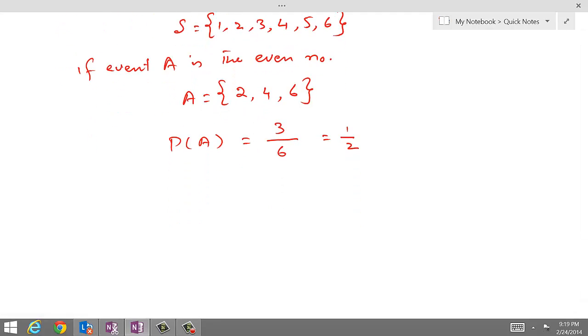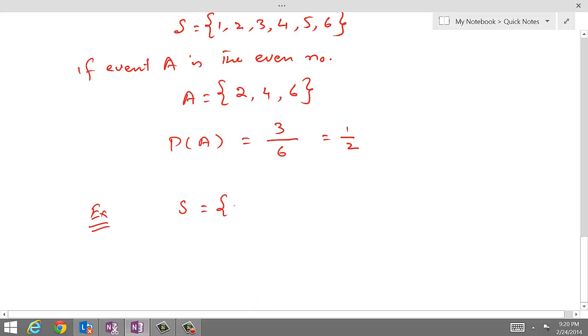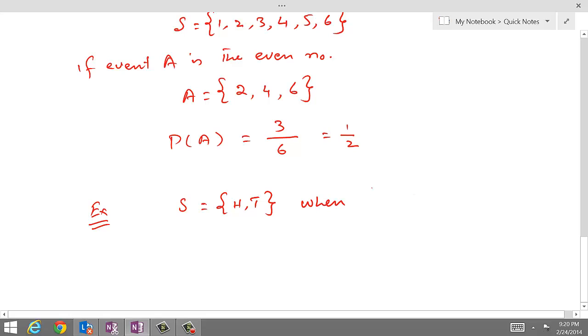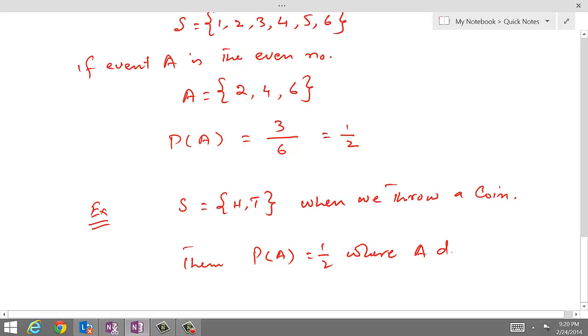Example 2. If we throw a coin, then what is the sample space? The sample space is equal to head and tail. When we throw a coin, the probability of head, probability of A, where A denotes the occurrence of head, is equal to 1 over 2.